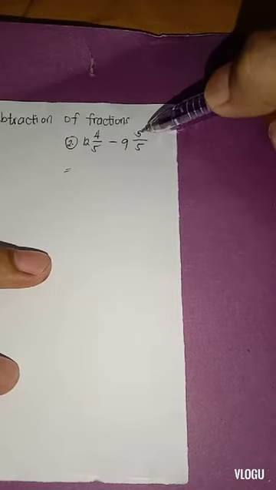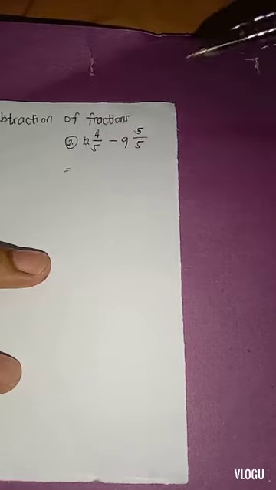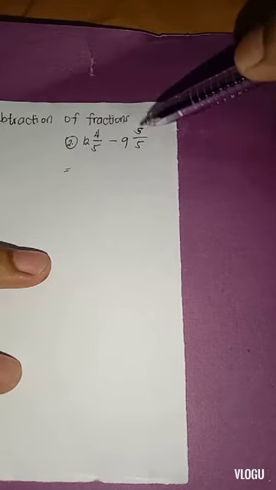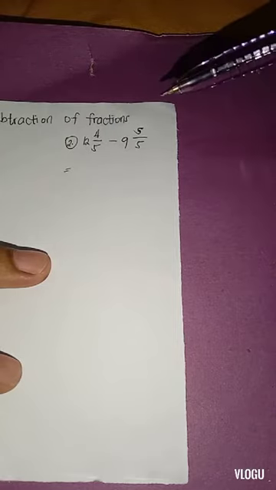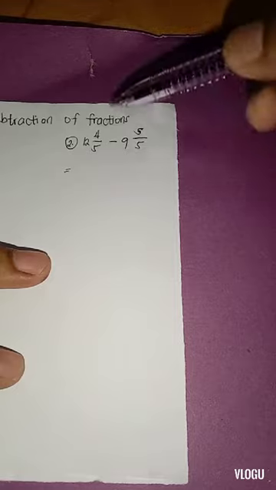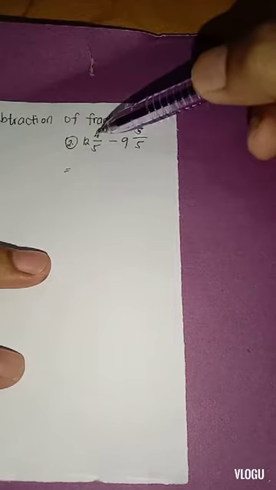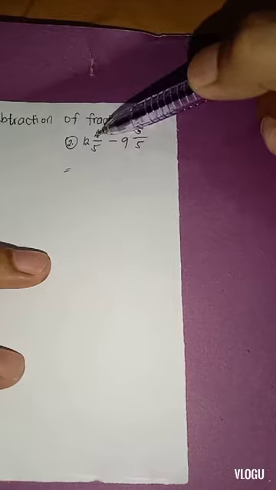So our minuend is bigger than the subtrahend. So therefore 4 minus 5 cannot be done since our number 4 is small. So therefore you will borrow from the whole number. So always compare if the number on this side is smaller.